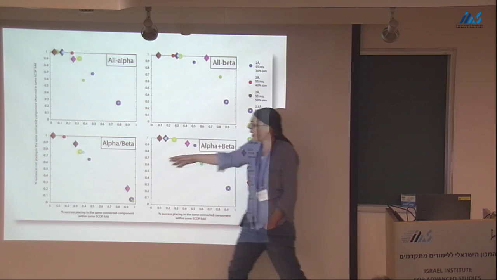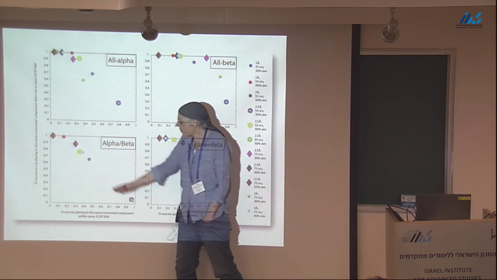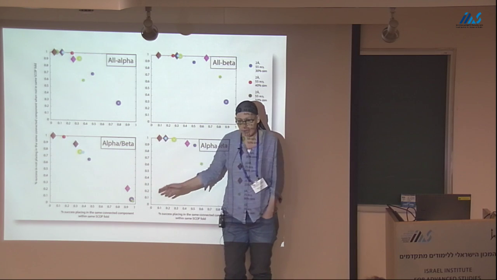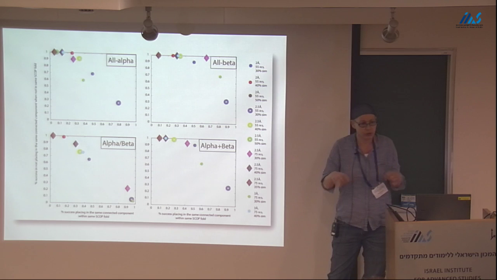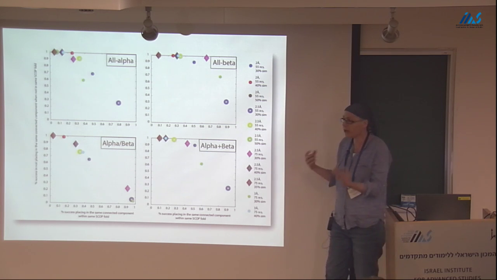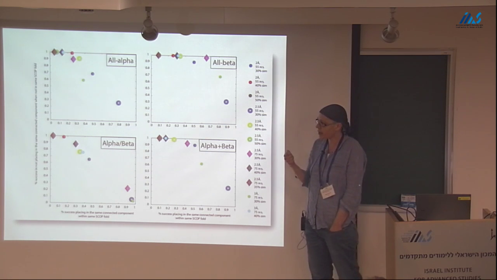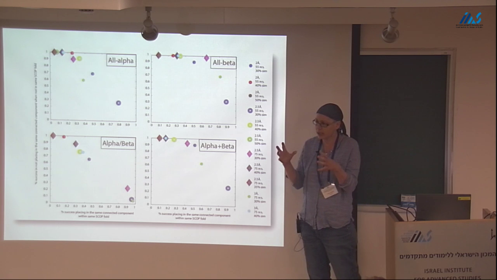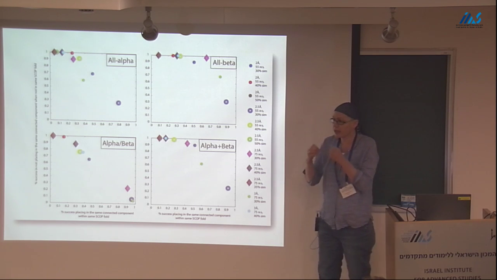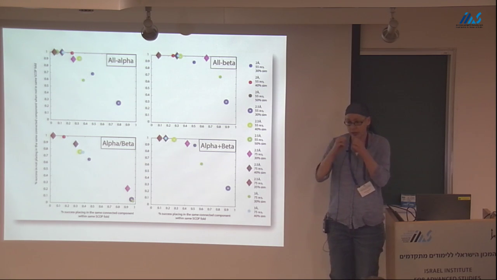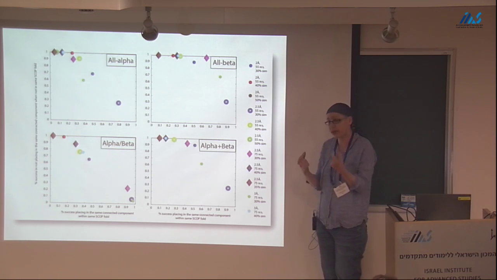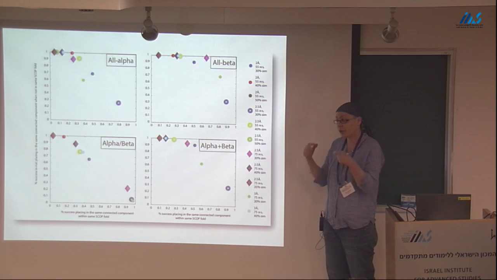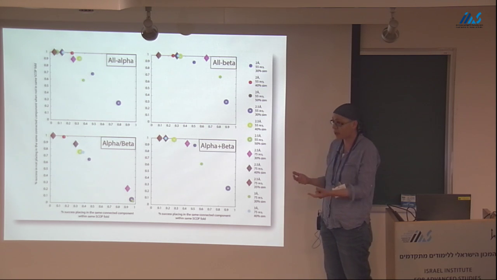But if you look at the alpha/beta, there is no combination that can separate the folds into separate connected components. Or another way of saying it, when you disintegrate the network, it does so instantly. It doesn't happen that you separate it and it all falls apart in one round. Or another way of saying it is that the similarities within a fold are on the same scale as the similarities between folds.